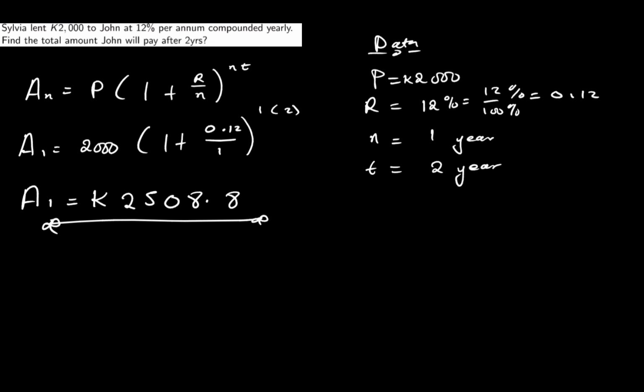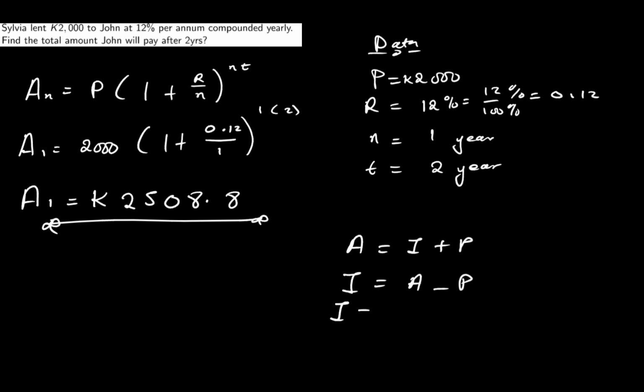But if we wanted to determine the interest that this person got over 2 years, we need to understand that the total amount will always be the interest plus the principal amount. If I make the interest the subject of the formula, then the interest is equal to the total amount minus the principal amount.